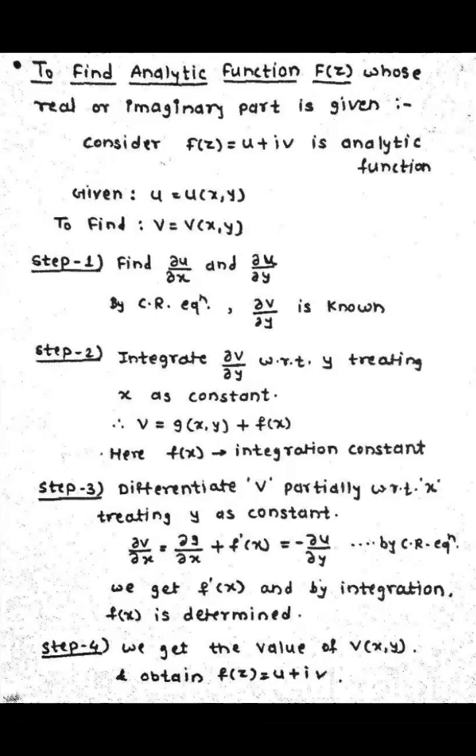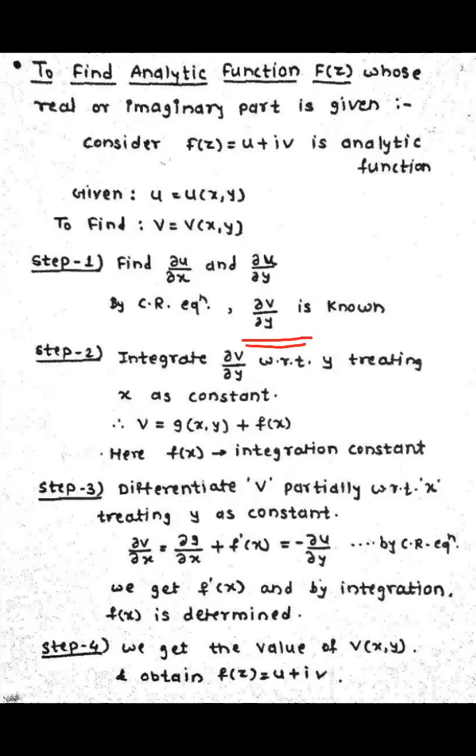First, find ∂u/∂x and ∂u/∂y from the given u function. And already we started with the consideration that the function is analytic, so it must satisfy the CR equation. With the help of the CR equation, we can compare ∂u/∂x with ∂v/∂y, and we obtain the value of ∂v/∂y.